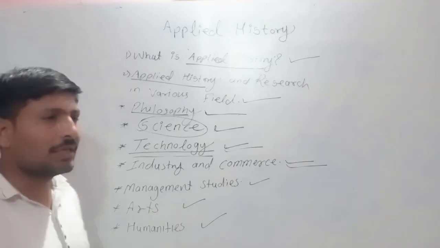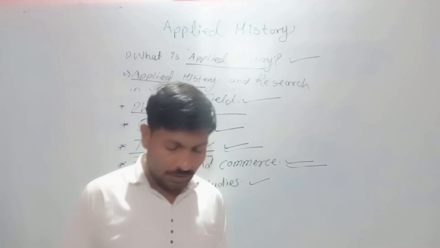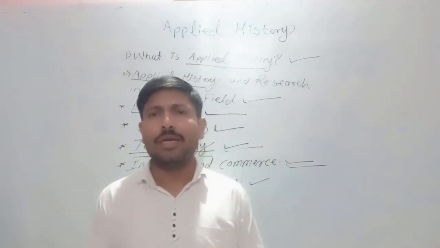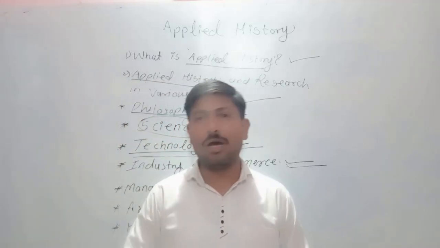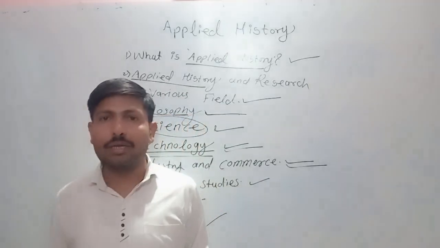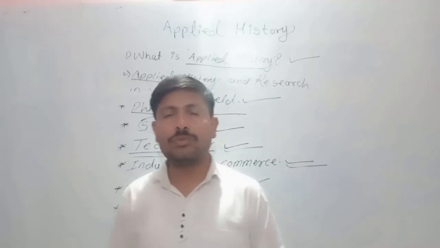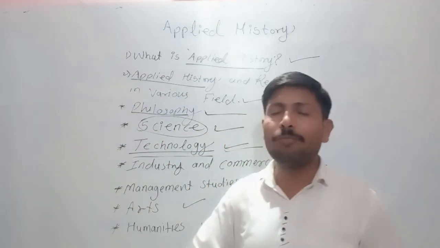The same is true for anthropology and political science. Politics also comes from early times, such as kings and queens and emperors, how they were ruling, how their administration was. Students acquiring knowledge in political science have to study from history.